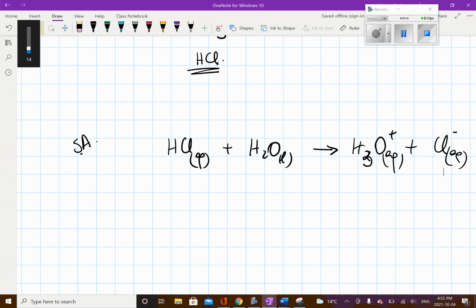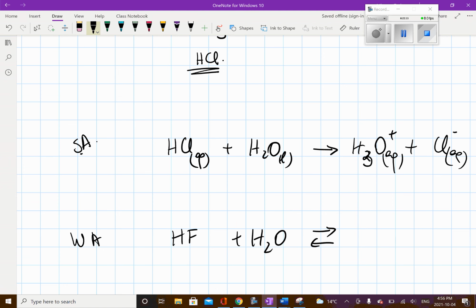And a weak acid will be one in which they are in equilibrium, which means we will have something like HF plus water with two arrows, forming F minus in aqueous solution and hydronium.